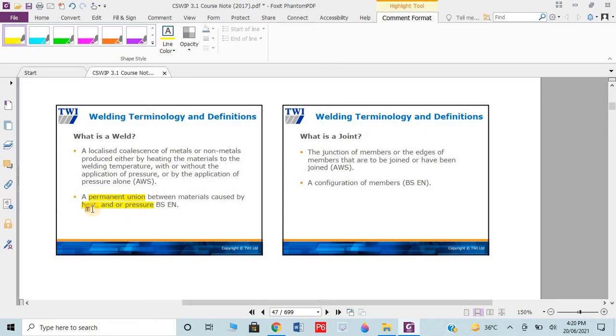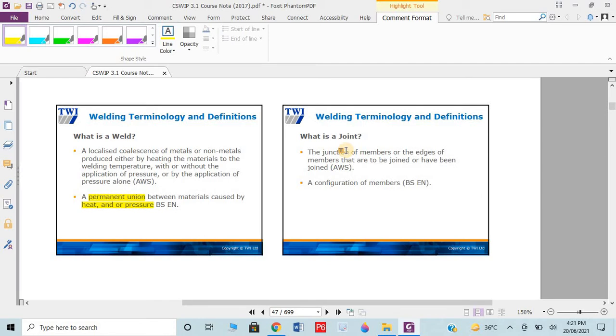In fusion welding, where we melt and create a weld pool or melt pool, it is known as fusion welding. In pressure welding, we pressurize the ends a little below melting point, then compress them, and with the applied pressure the combination of those parts is known as pressure welding.